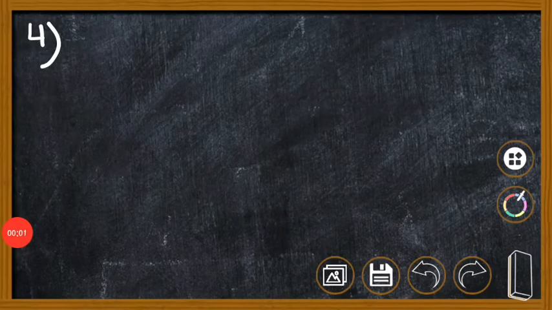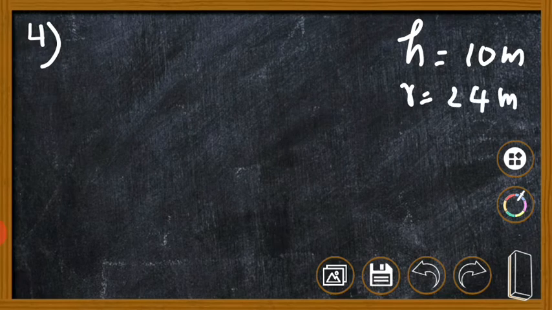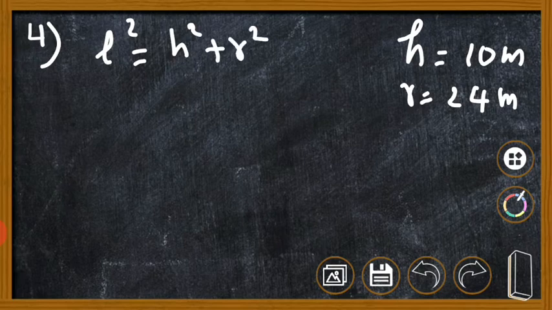In this question, the height is given. H is equal to 10 meter and R is equal to 24 meter. And you have to calculate the slant height. We have a relation between L, H and R. L square is equal to H square plus R square.